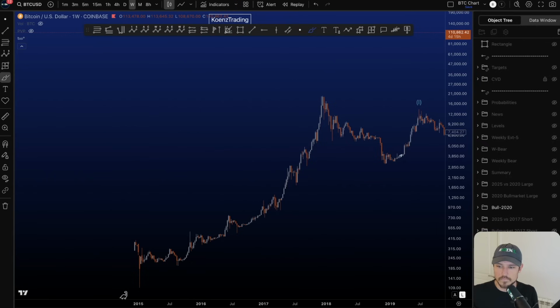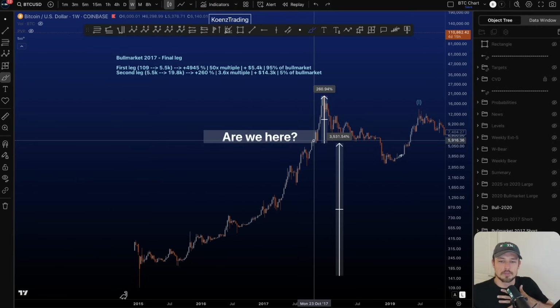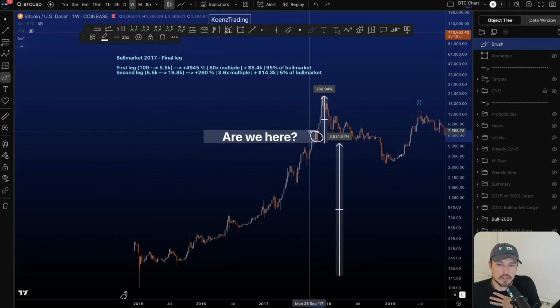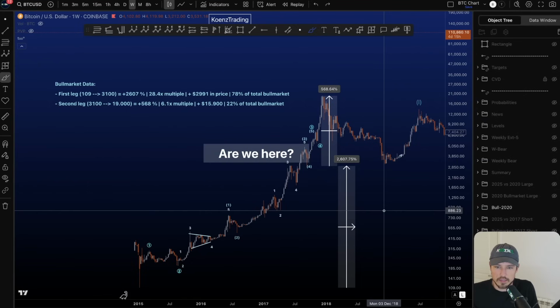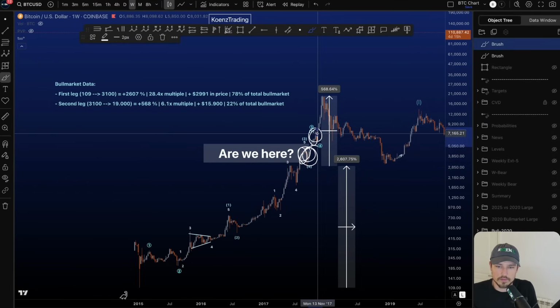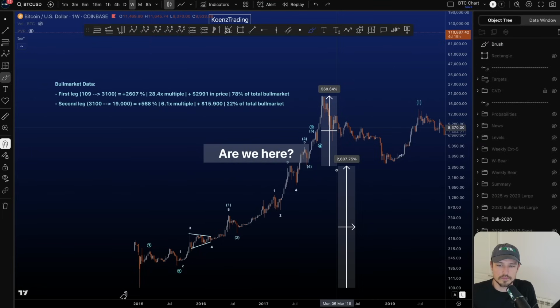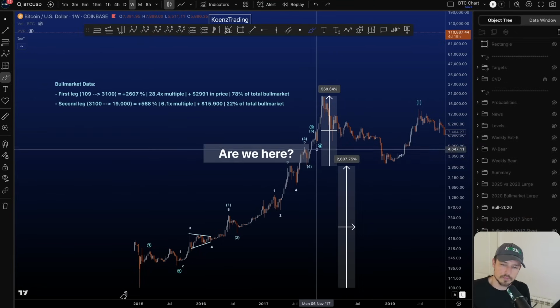Or are we here? I personally prefer us to be here because this was the final wave 4. And then we got our wave 5 to the upside, the final leg. Because here we are in a lower degree 4, got another 4, and then the push up in 5. Right? And comparing to the current bull market, we would be in the final wave 4 as per my count at the moment.